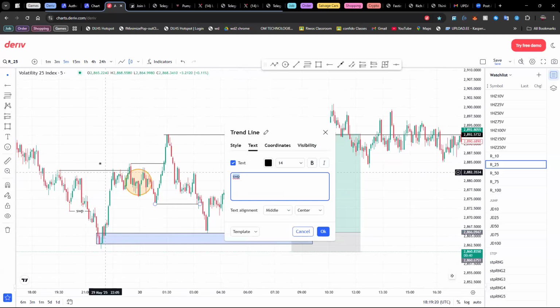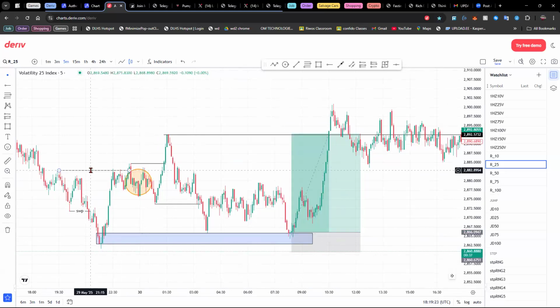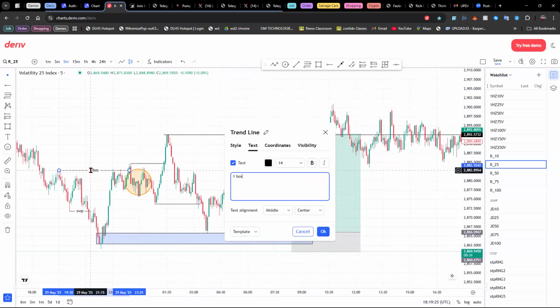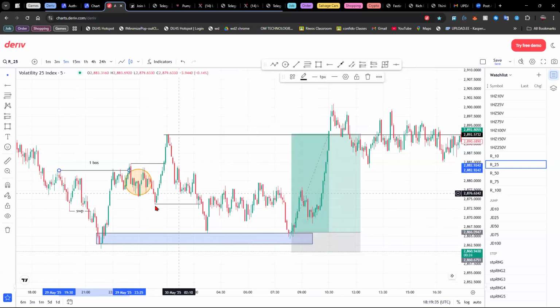This is your first break of structure. This is your retracement that gives you your inducement or your structural liquidity, depends on what you want to call it.